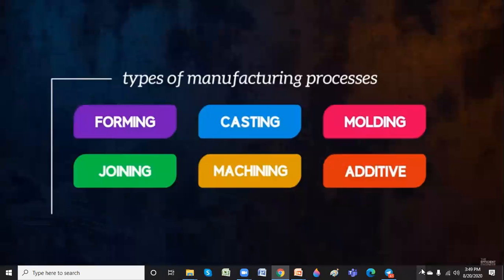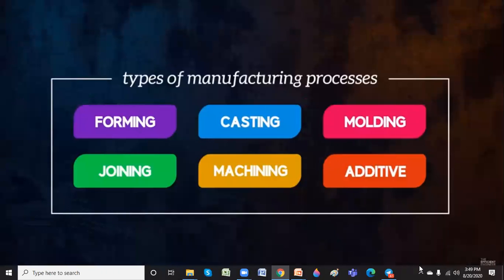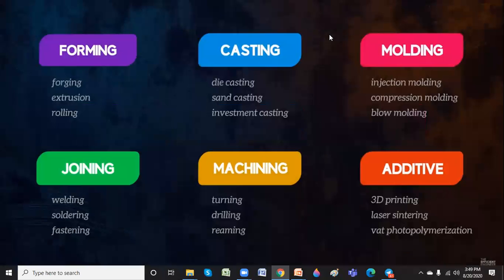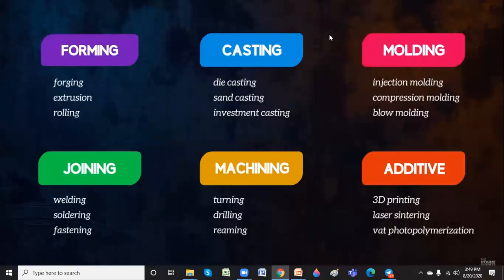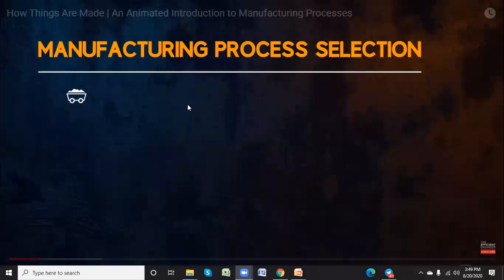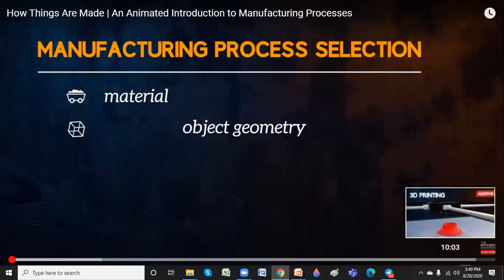Each one of these categories contains a large number of different manufacturing techniques. There are a lot of different factors which need to be considered when selecting the right manufacturing process.